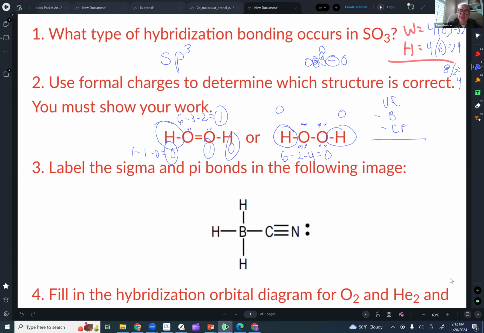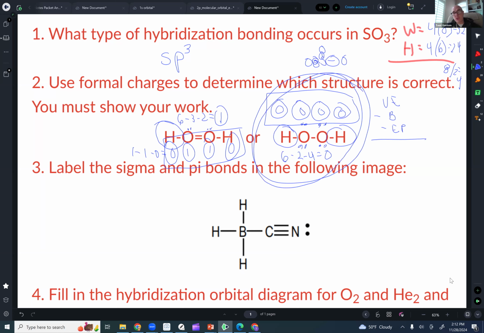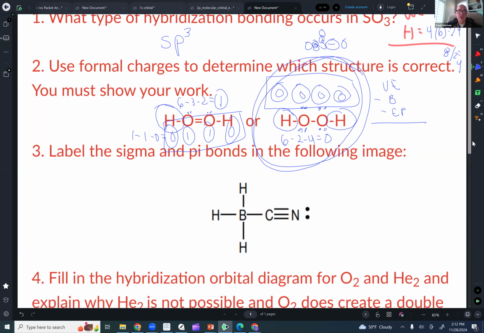Okay, and then that's going to be the exact same for this one. So what you notice is all 4 of these values are 0, as opposed over here, we have a 0, 1, 1, 0. So this is my more favored structure because all of the values on the whole are smaller, closer to 0 than they were on the other. So that's my favored structure. That is the correct way to draw the structure of H2O2.